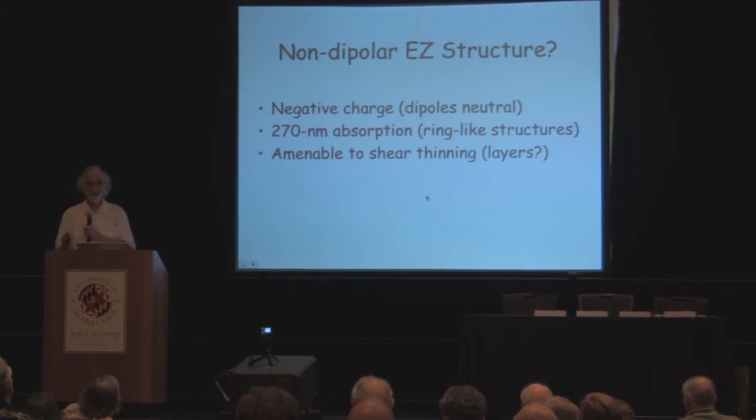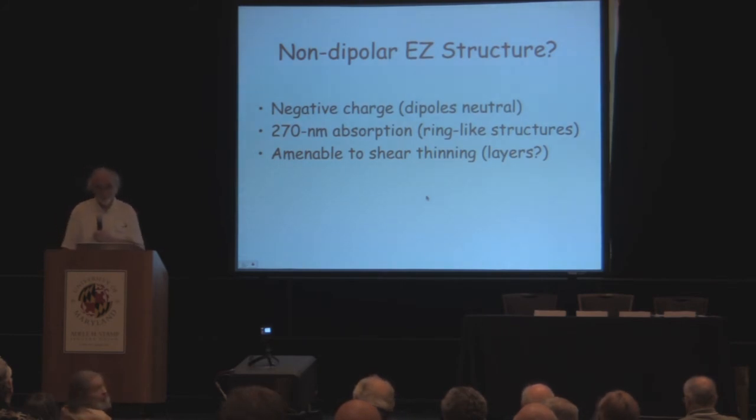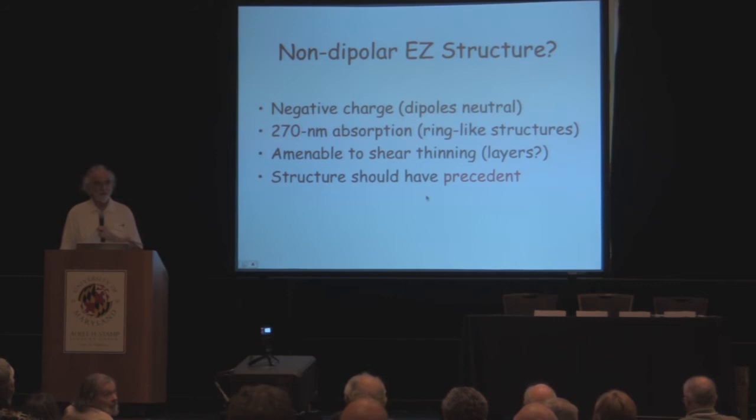So it looks like thinning, and usually when something thins, it's a sign of a layer-like structure where you can erode layer by layer. So it's a suggestion, it's not really strong evidence. And the final point is that whatever structure one comes up with, you'd expect that it ought to have precedent. It ought to be something familiar rather than something weird and exotic that you've never heard of. So those are the kind of considerations that led us to think.